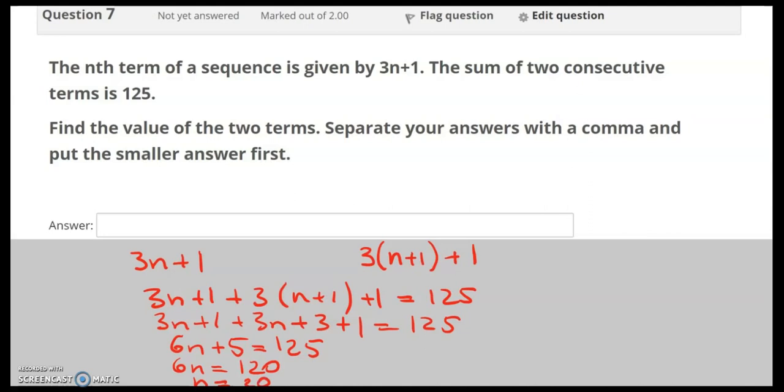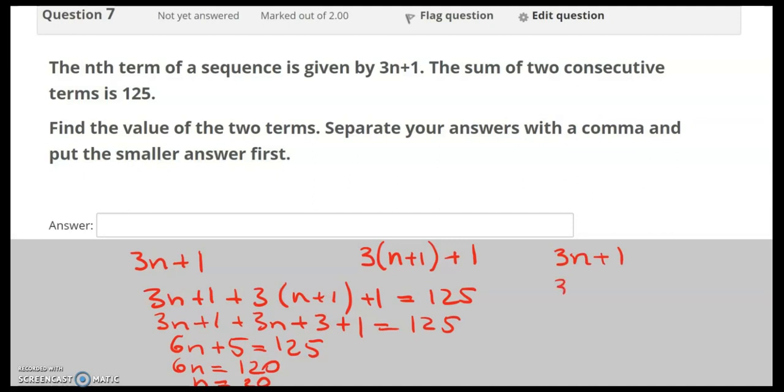So don't forget, n means the 20th term in this case. So we need to work out the value of the 20th and the 21st term. So the 20th term will be worked out by getting the nth term, which is 3n plus 1, and replacing n with 20.